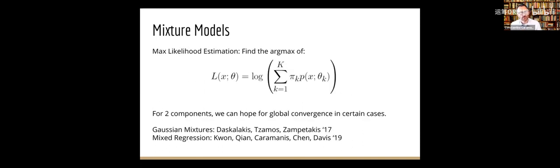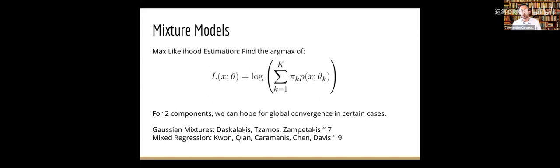So a natural thing to think about is the max likelihood estimate, and to try to understand when this gives good results. Pretty recent work has shown that if we have two components, then the landscape of the likelihood is quite favorable.